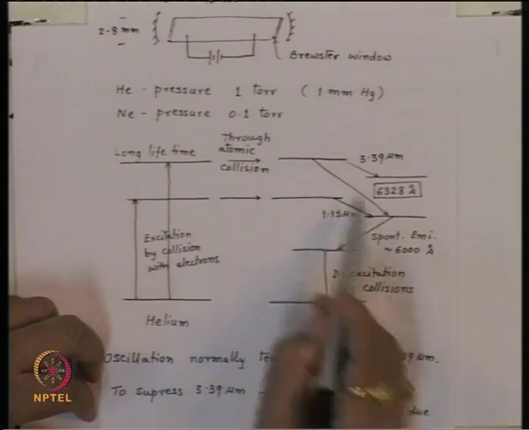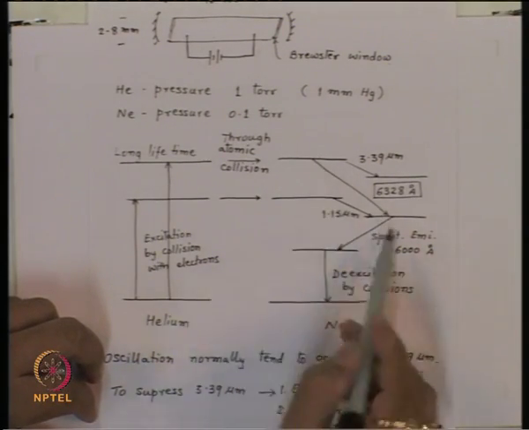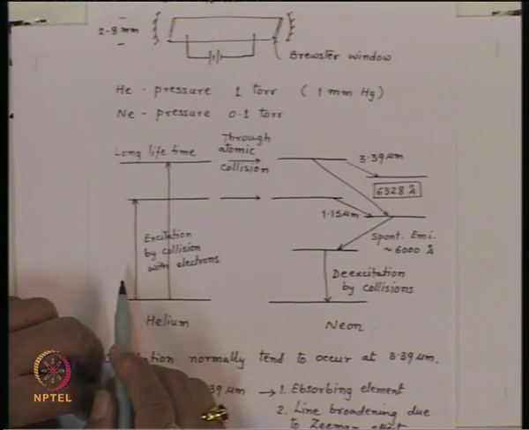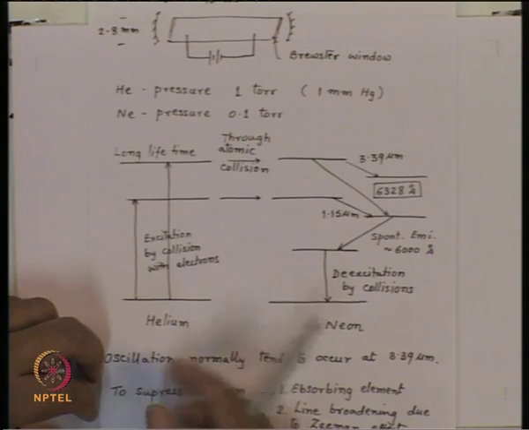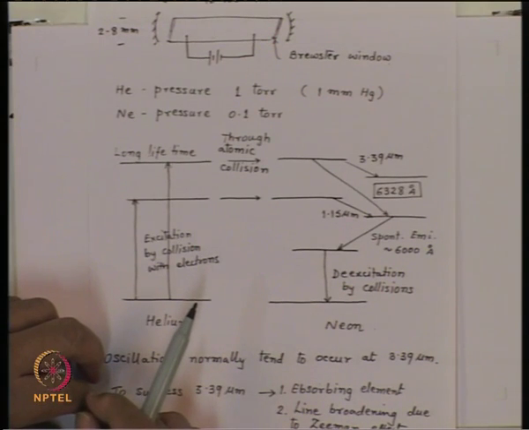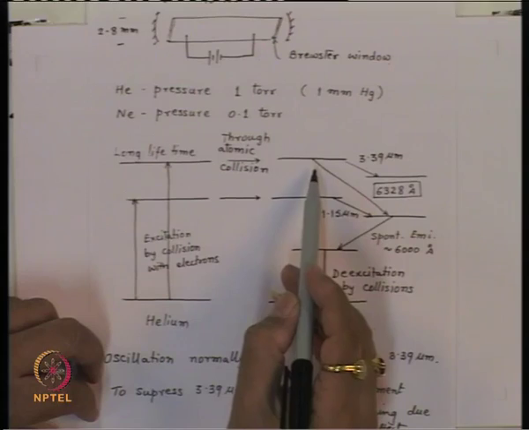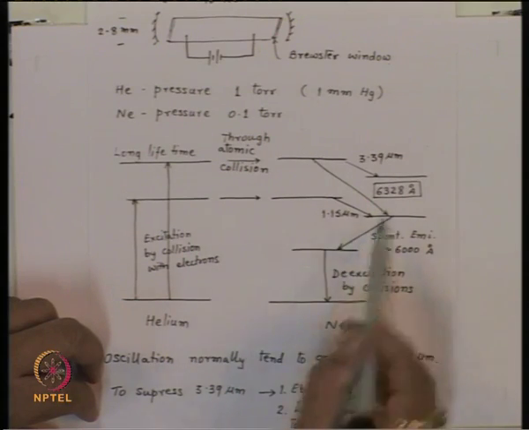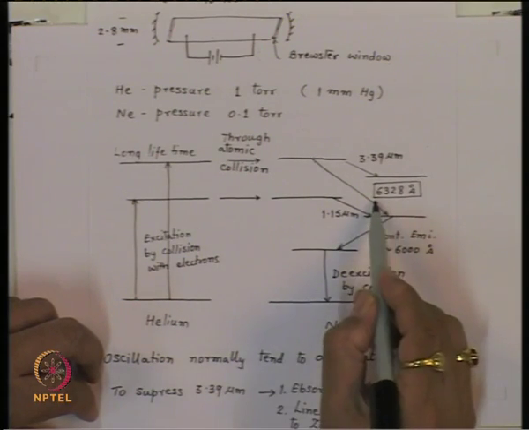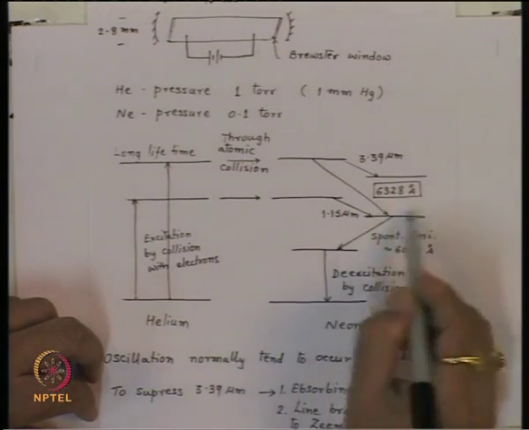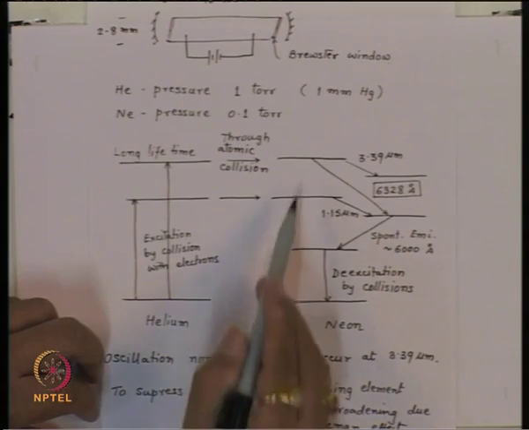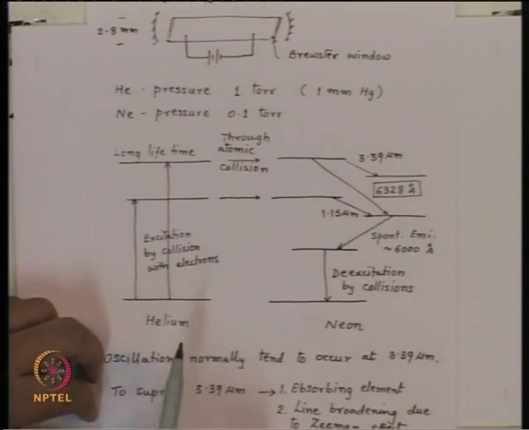So, one can work out appropriate energy levels which can give light in the visible range in the red color. We will see that the difference from here to here corresponds to 6328 angstrom, or the red region. In fact, this is the transition which is of interest.